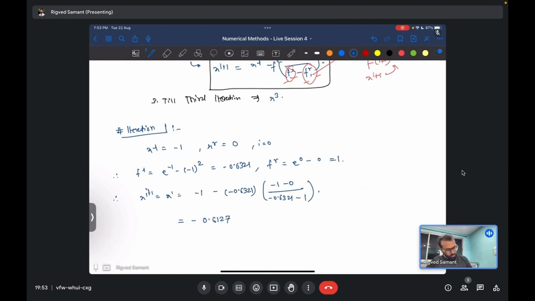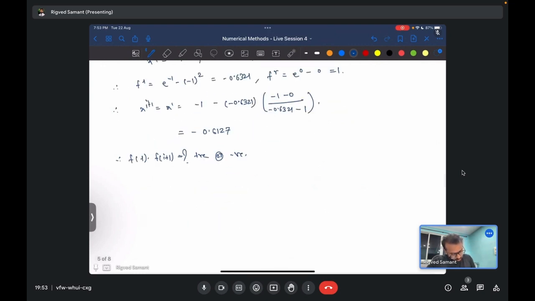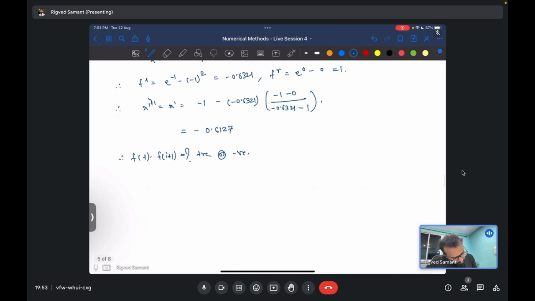Okay, so now to do the bracketing, we have to check this, right? fL into f(i+1) is equal to what? We have to check negative or positive. So first we have to find f(i+1), that is f1, that is f of x1.